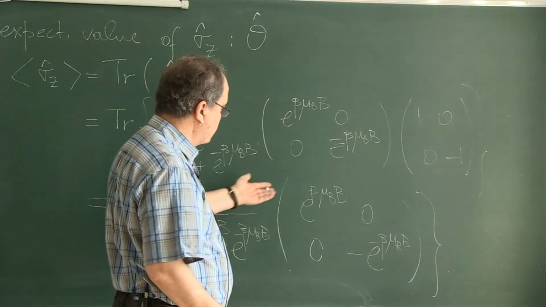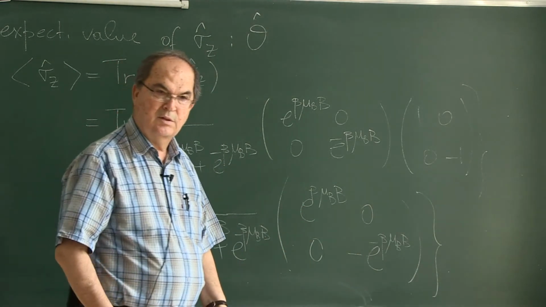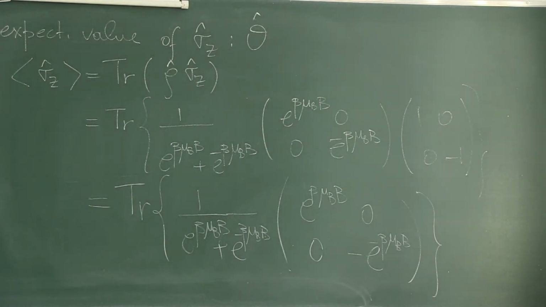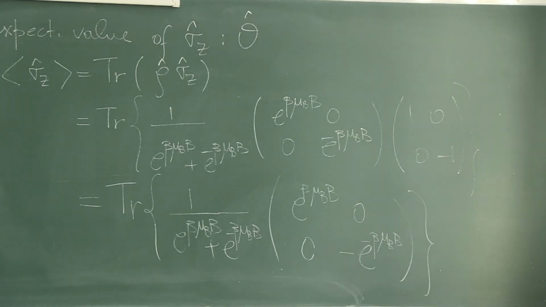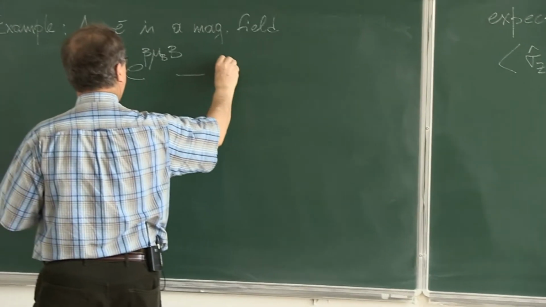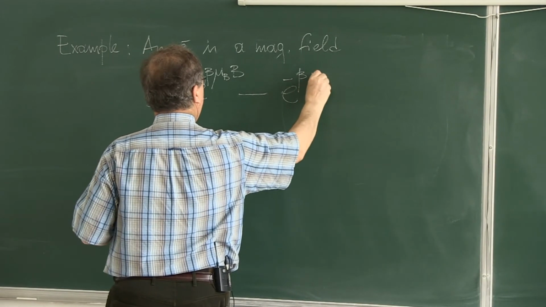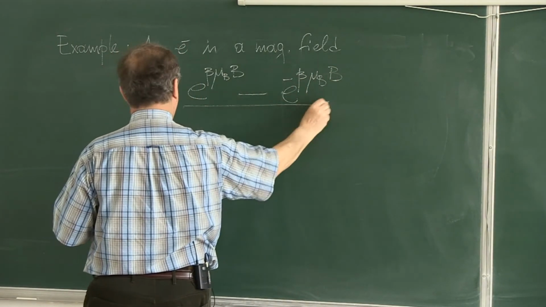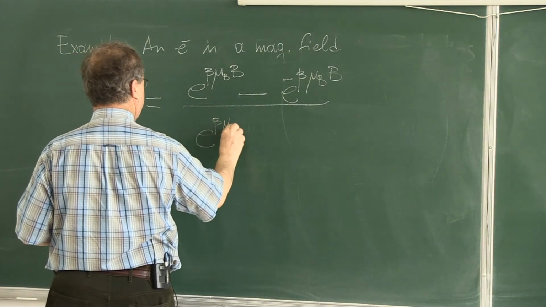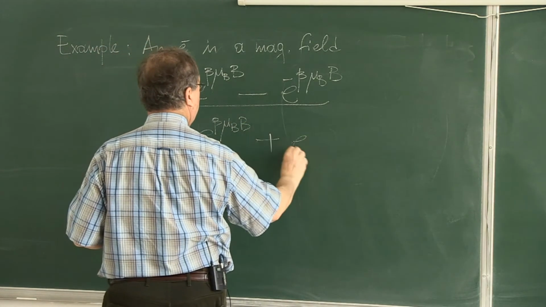Well, trace is the sum of diagonal elements, isn't it? Very easy to take. We know the matrix. So the result is the trace, the sum of diagonal elements, divided by that number, with a minus sign.